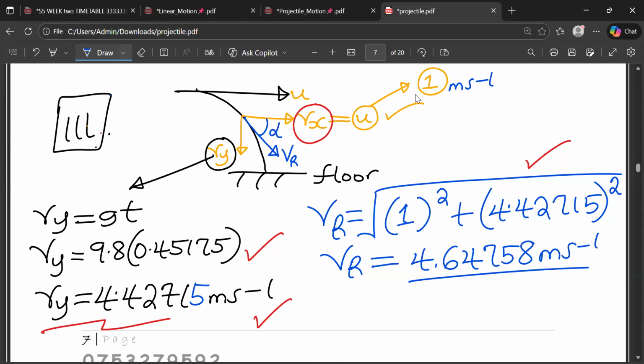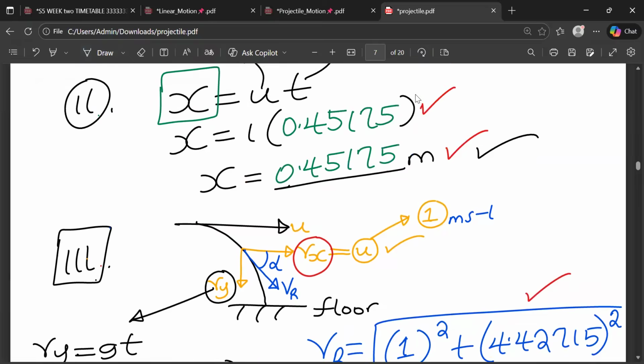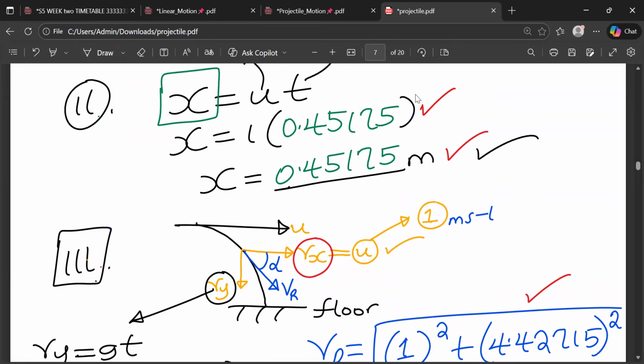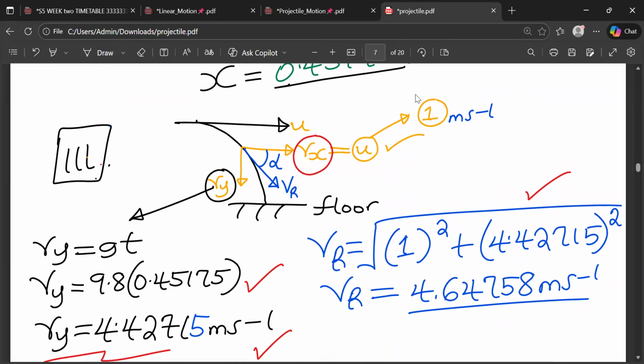Where are you getting that answer from? No one is supporting their answer. Do you have a different Vy? Or did I use the wrong t? Did I use the wrong t? 0.45175.